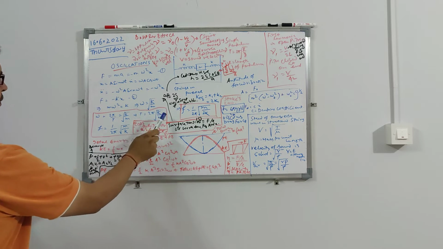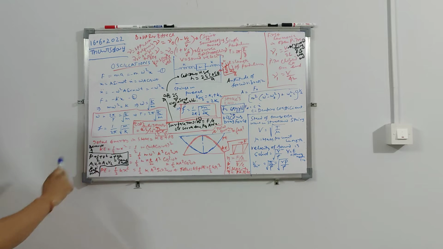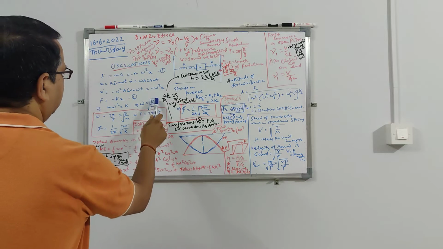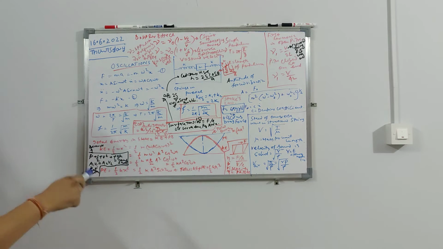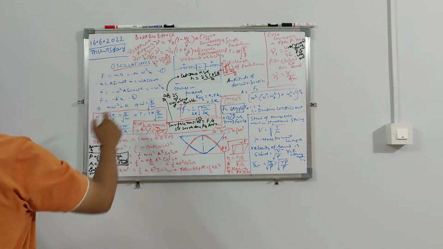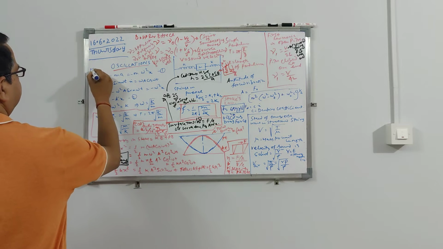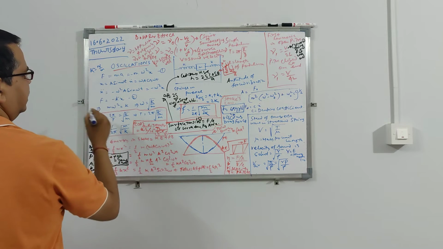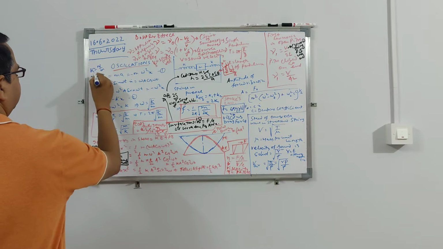If you want to verify, omega will be per second. So if you do square root of k by m, it will be 1 by second square. k is nothing but your Newton per meter, and mass is your kg, right?